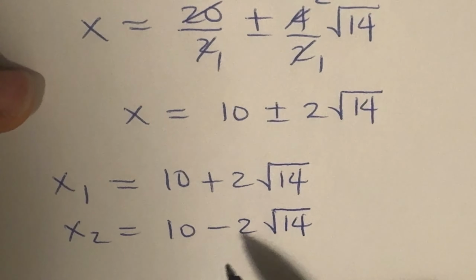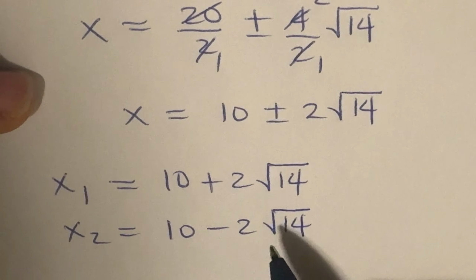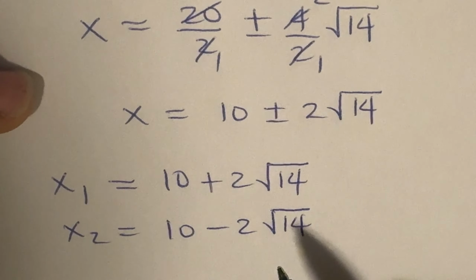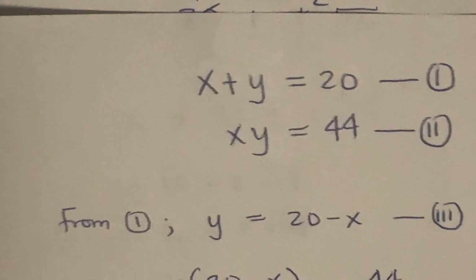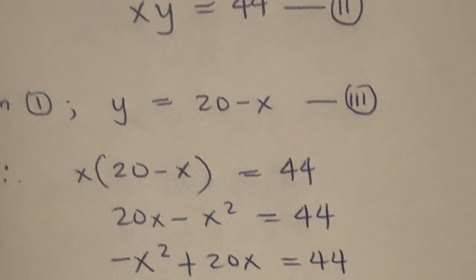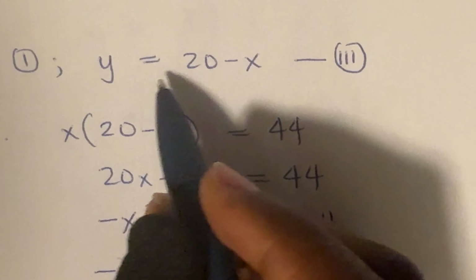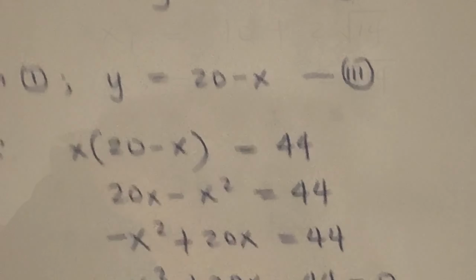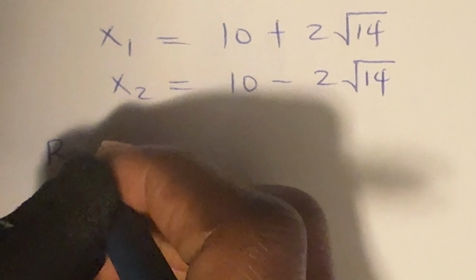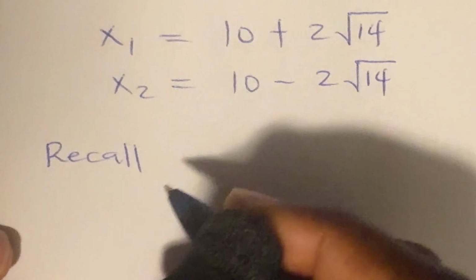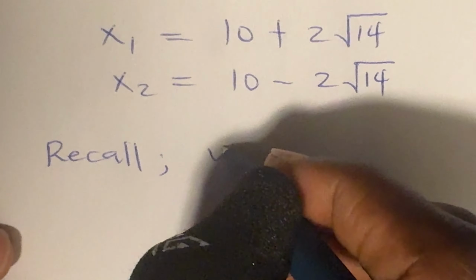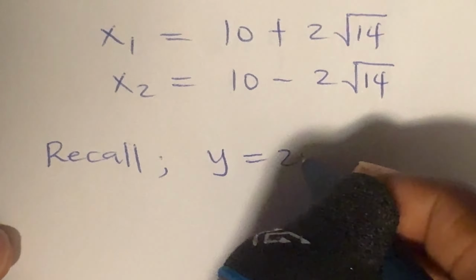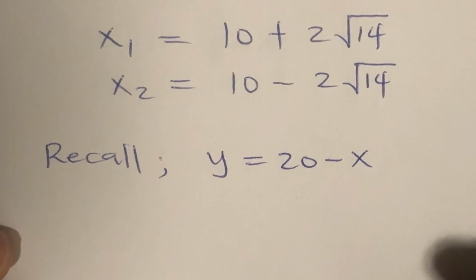So with this, we can then get the corresponding values of y. Recall that from equation 3, y is equal to 20 minus x.